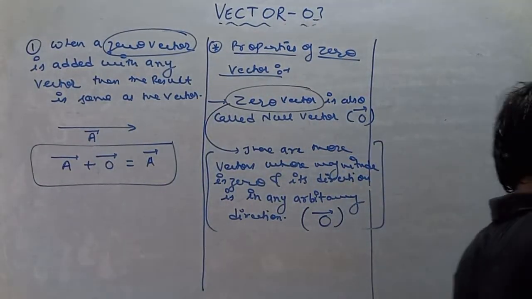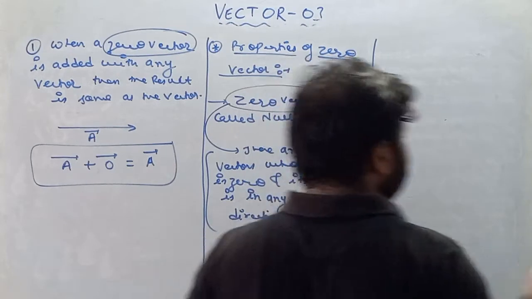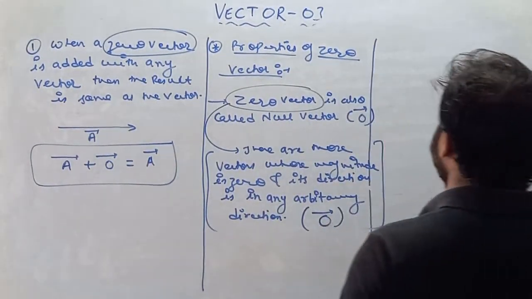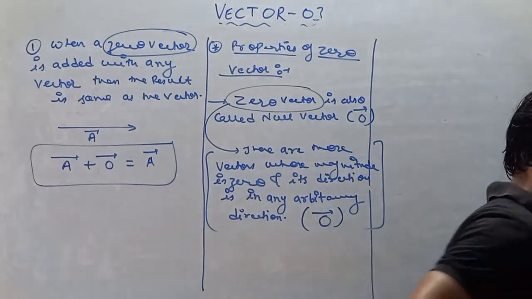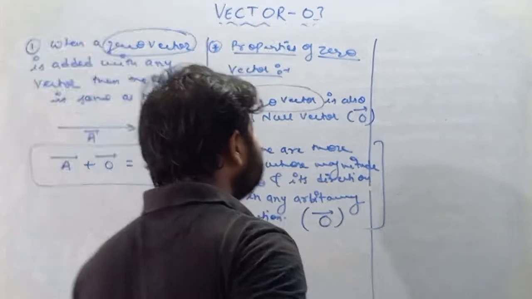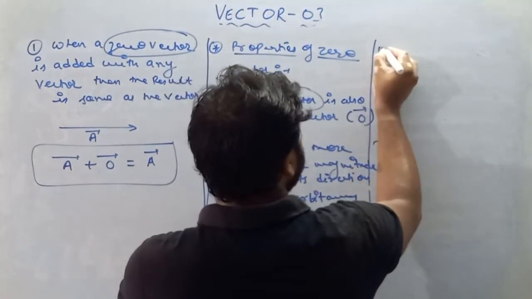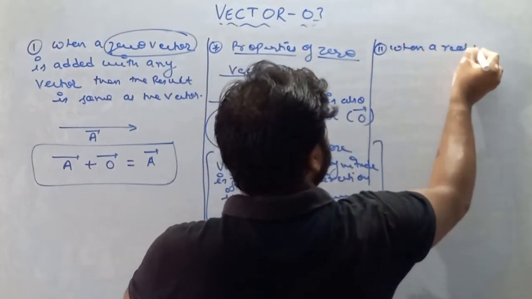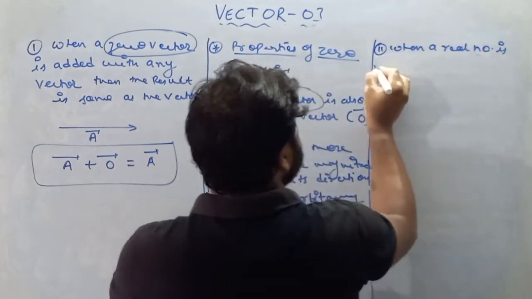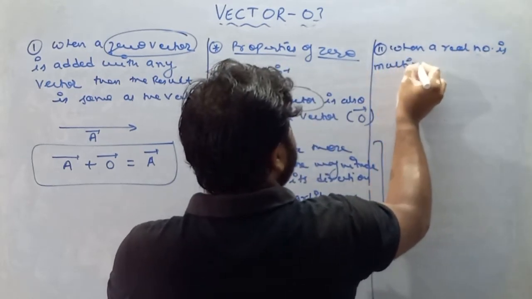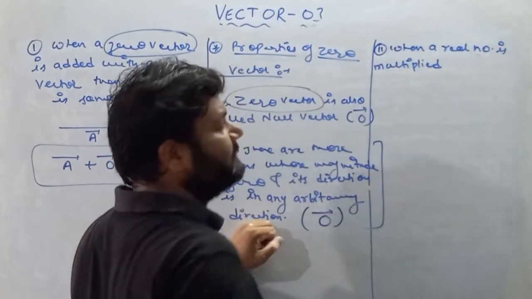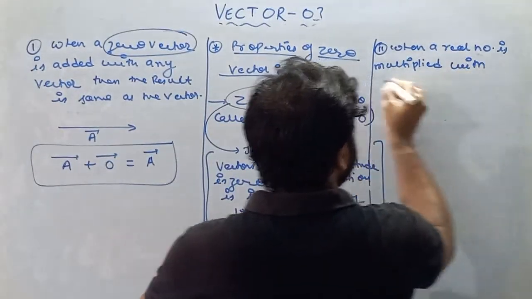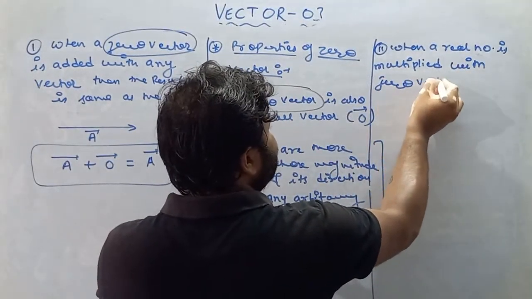Now moving forward, write down the second property of zero vector.